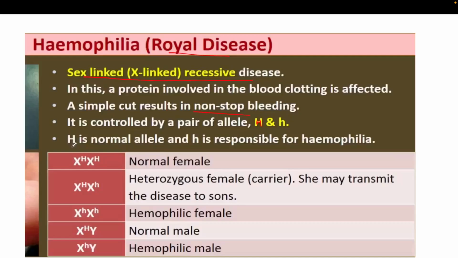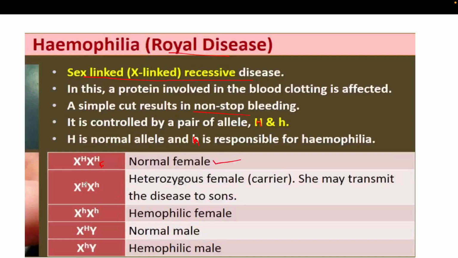Here H is the normal allele and small h is responsible for hemophilia, because it is a recessive kind of disease. Suppose this is the female parent. If the capital H is present in both loci, that means the female is normal.